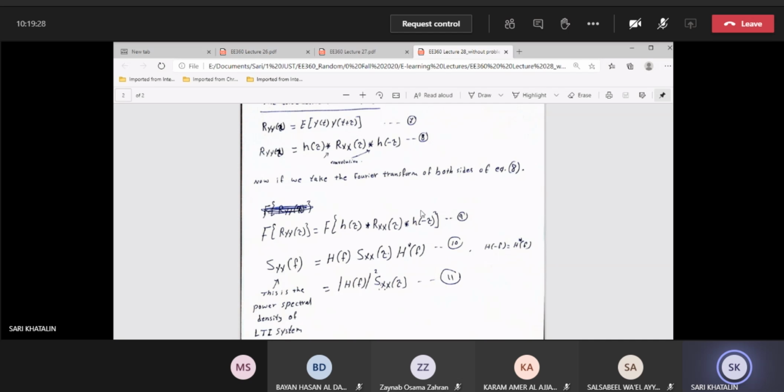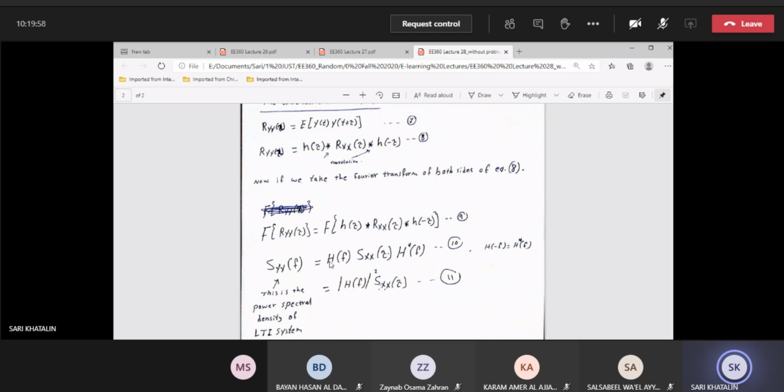Because the Fourier transform for this one is really h of minus f, and h of minus f is equal to the conjugate of h of f. So we replace, and the Fourier transform of h of tau is right here, which is the transfer function.